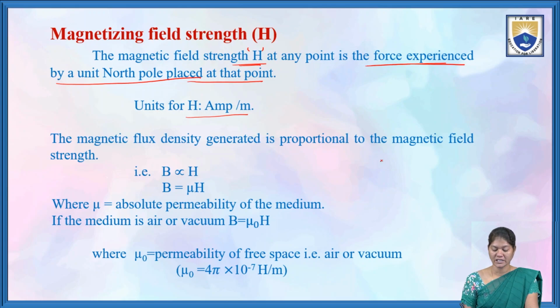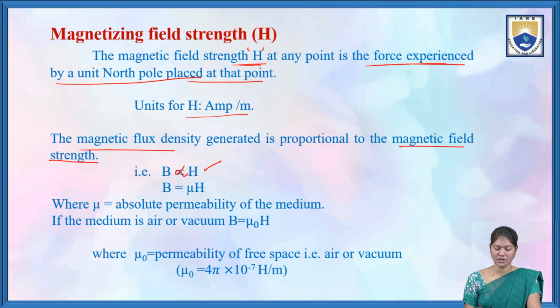So B is proportional to H, and B is equal to mu H. This is the relation between the magnetic flux density and the magnetic field strength.